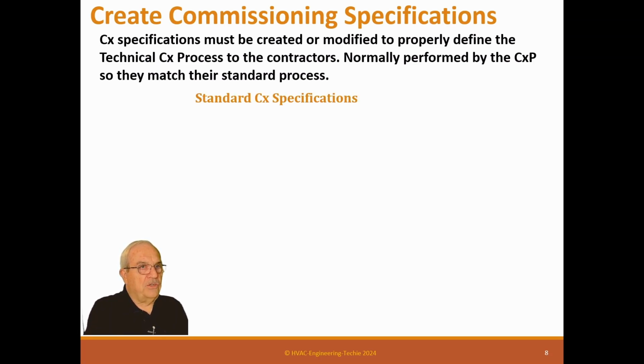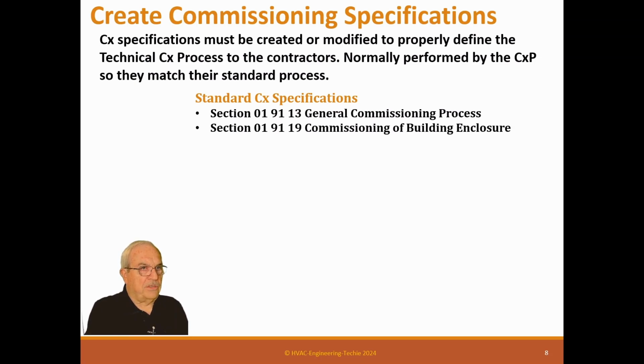To do that, you really need to create the specification and give it to the architect to put in the job, or else you'll have to take the architect's spec and redo it to meet your standard. Trust me, it's much easier just to give them the whole thing and say, here's the standard. These are the specs that meet the standard I'm going to use. And for the specification, I'm going to use a CSI format.